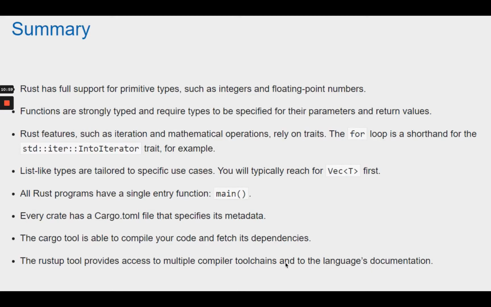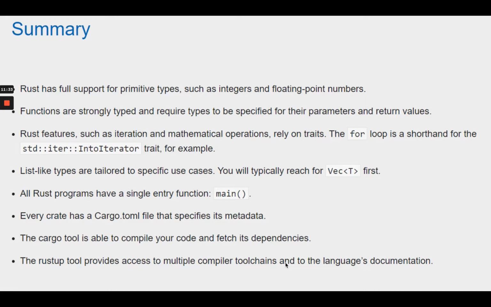Summary. Rust has full support for primitive types, such as integers and floating point numbers. Functions are strongly typed and require types to be specified for their parameters and return values. Rust features, such as iteration and mathematical operations, rely on traits. The for loop is shorthand for this trait, for example. List-like types are tailored to specific use cases.